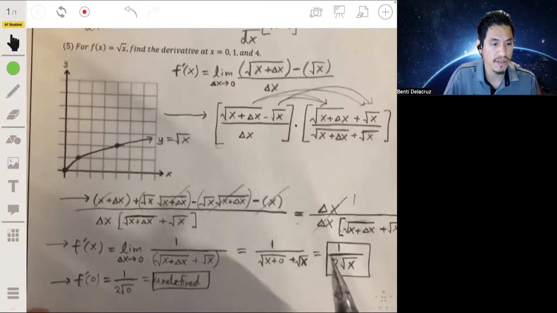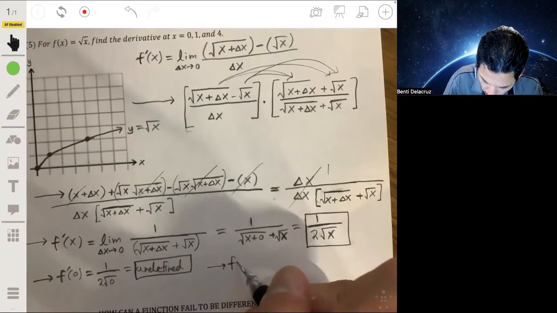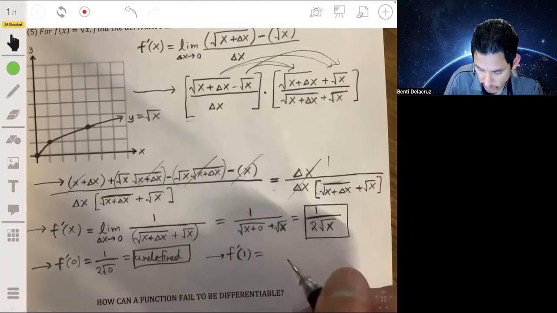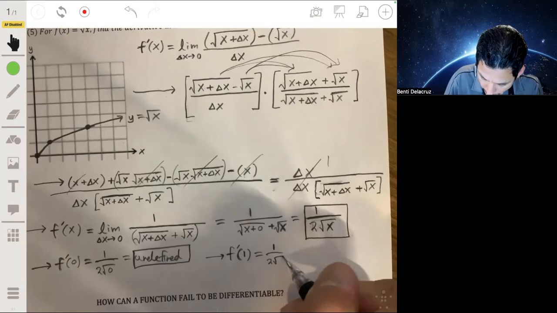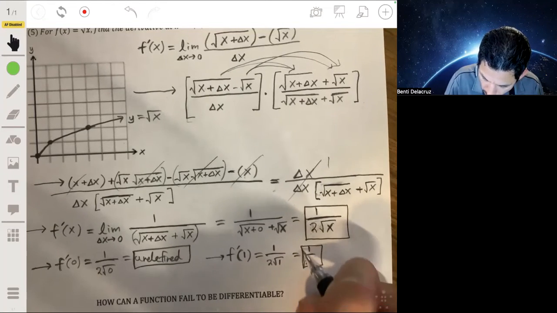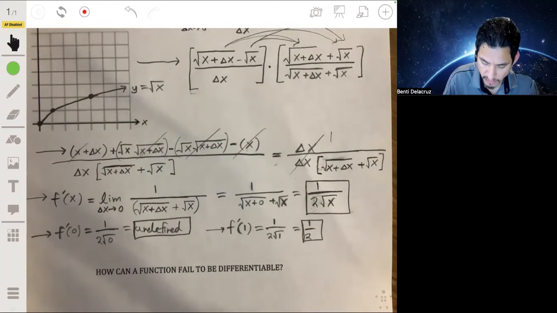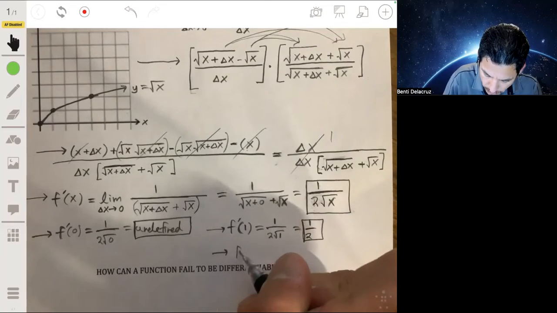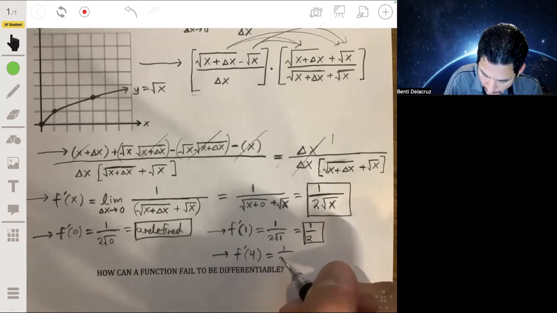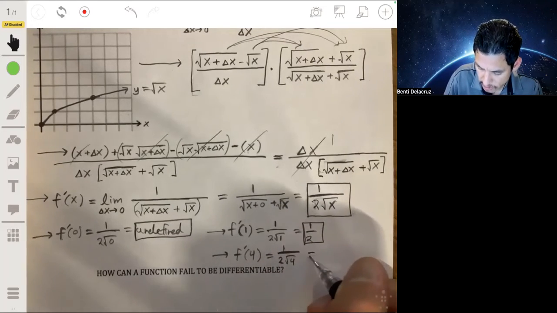Now I want to look at what f prime of 1 is. So f prime of 1 will just be equal to 1 over 2 times the square root of 1, or 1 over 2. So just 1/2. And then f prime of 4: 1 over 2 times the square root of 4. So 1 over 2 times 2, which will just be 1/4.